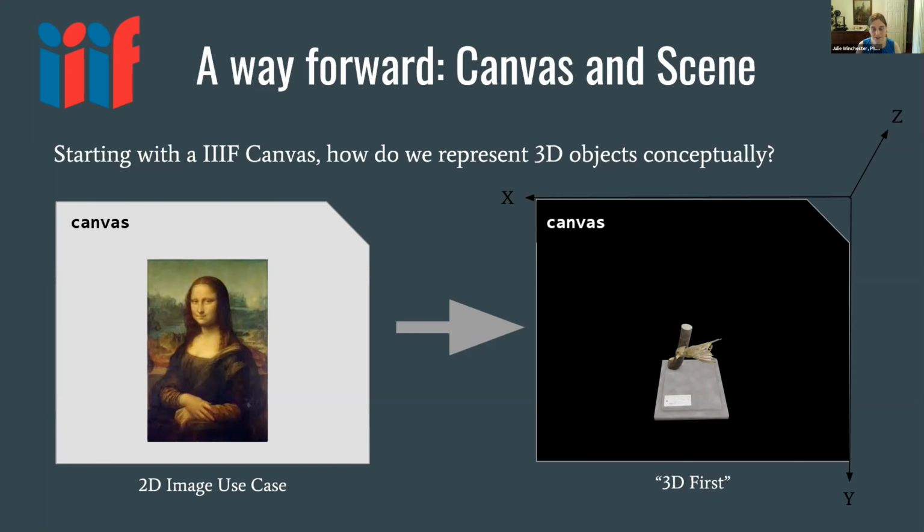They tend to be voids. This is why we refer to the infinite canvas as a concept. If you had this infinite canvas, then you could place objects directly in your 3D space, which we could call a 3D first use case. Next slide, please.